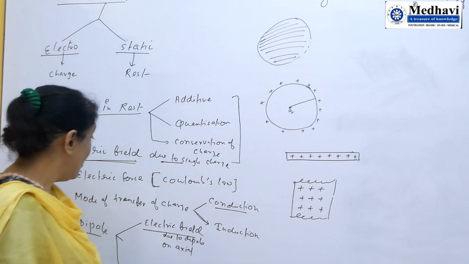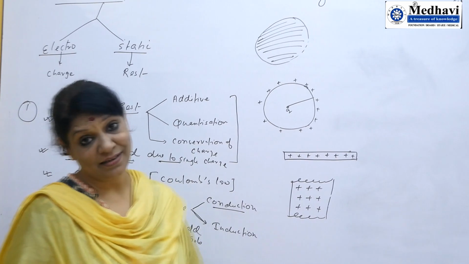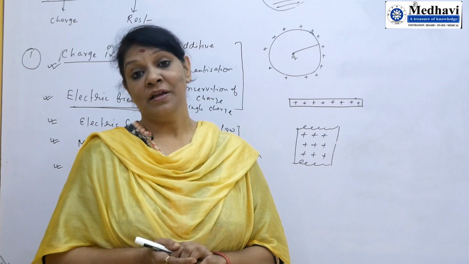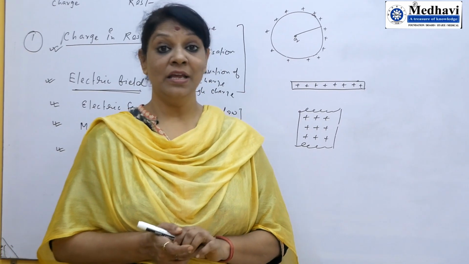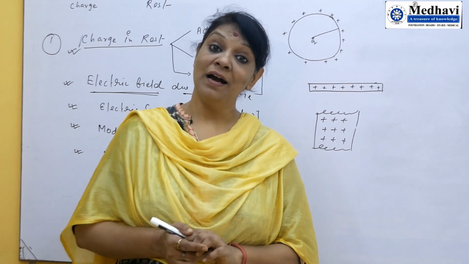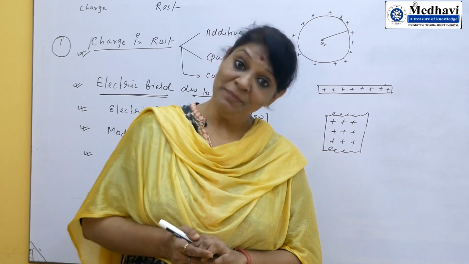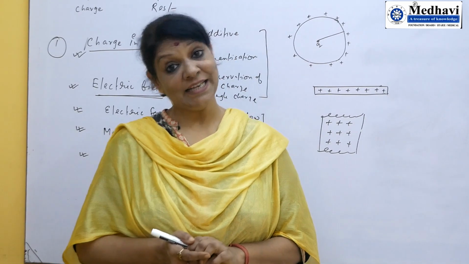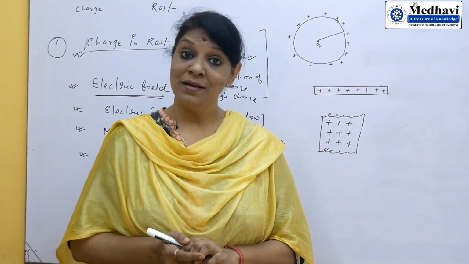Now, if a body has an electric field, then near the charged body, if we want to bring another charge of the same nature, there is repulsion. Unlike charges attract, like charges repel.